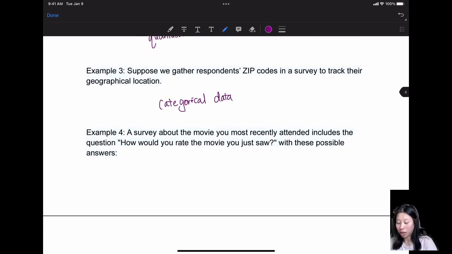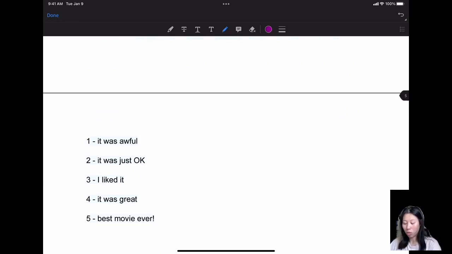Next, a survey about the movie you most recently attended, including the question, how would you rate the movie you just saw, with these possible answers? So you may say 1 is awful, 2 is just okay, 3 is I like it, 4 is great, 5 is best movie ever. Since you're responding with a number, each answer corresponds to a number. So these numbers are associated with the response, but we can't really do any calculations with them.